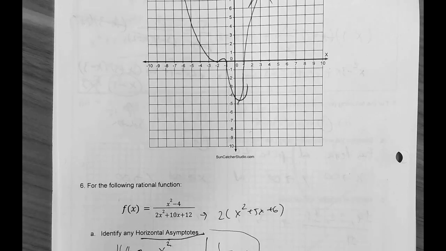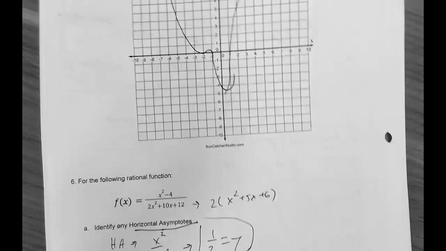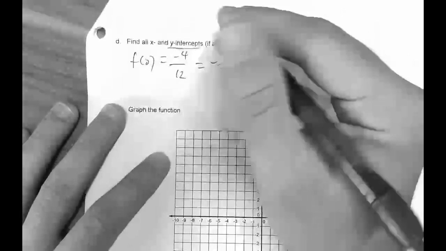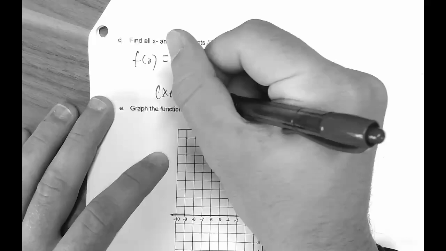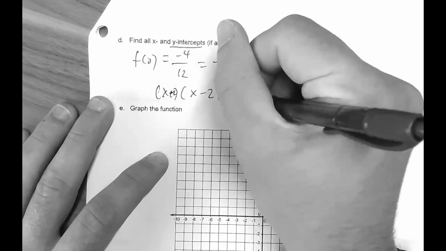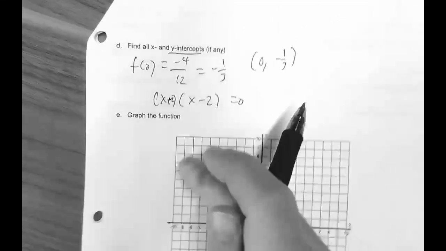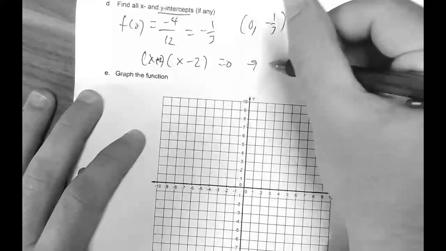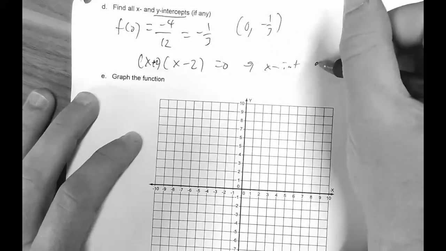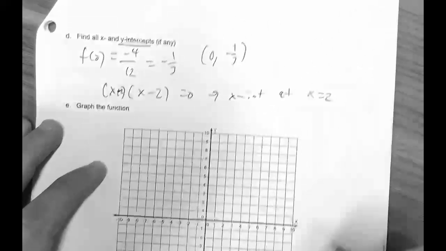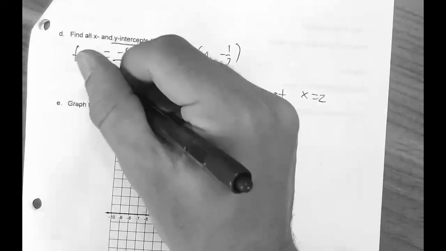And then for the x-intercepts, you set the numerator equal to 0. The numerator again was x plus 2, x minus 2. So x plus 2, x minus 2 equals 0. But remember, -2 was a hole, so we only have an x-intercept at x equals 2. Okay, because -2 was a hole.